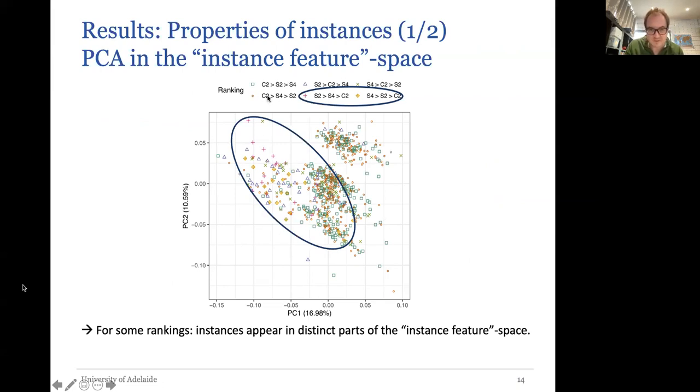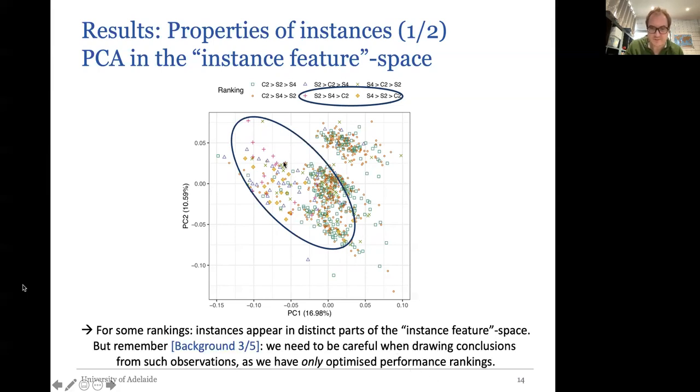Well, not so much the other one, where there are red dots all over the place, red circles, but these two here, the red crosses and the yellow diamonds, are in a relatively, well, sharply concentrated space. So we have to be careful, because here we optimized only for performance diversity, not for feature diversity. We have to be careful when drawing any conclusions from this.